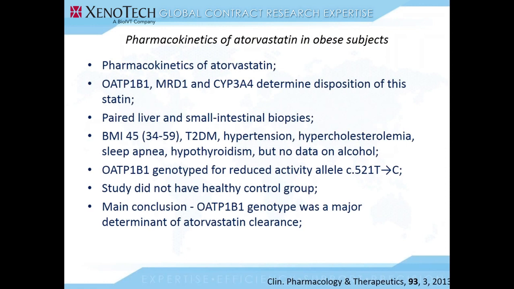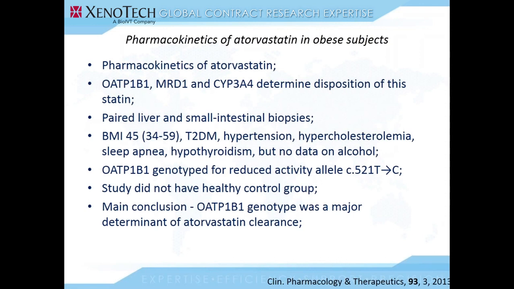In this study, OATP1B1, MDR1, and CYP3A4, which all determine dispositions of this statin, were evaluated. Uniquely in this study, paired liver and multiple small intestine section biopsies were available. Therefore, this study does not have a normal healthy control group.